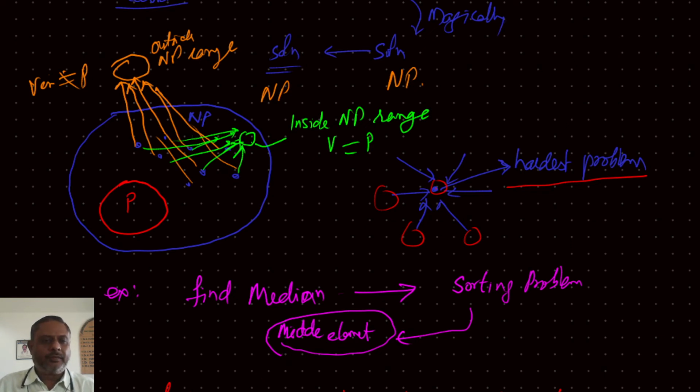This problem is called an NP hard problem because it is harder than all, and this problem is called NP complete because it is the hardest among all the NP problems, and it itself is also an NP problem because its solution can be verified in polynomial time, whereas for this one, the solution cannot be verified in polynomial time.